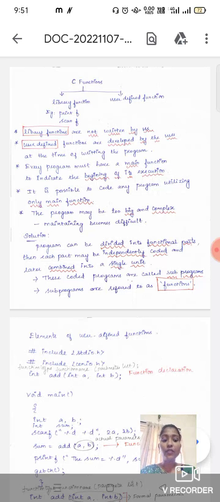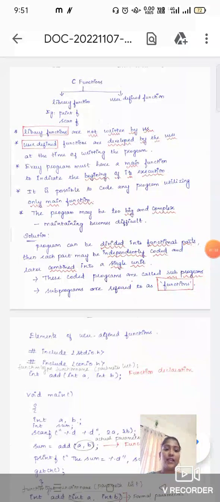The solution for this is that the program can be divided into functional parts. Then each part may be independently coded and later combined into a single unit. These coded programs are called subprograms, and these subprograms are called functions.